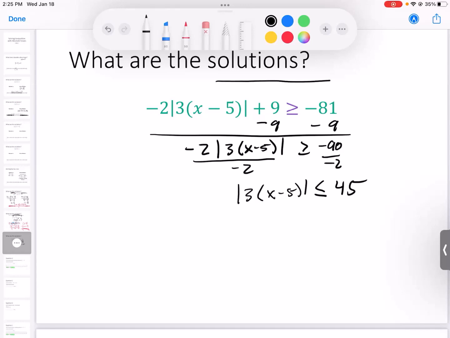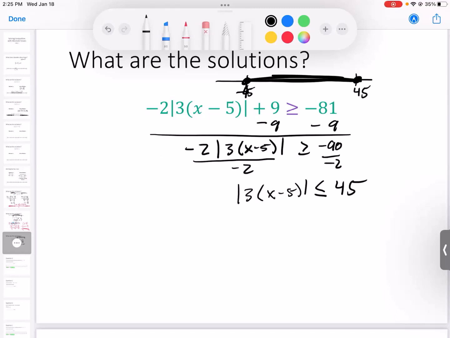So this one would be an in-between one, so it could equal 45, so we'll have a solid dot at 45, because if this stuff equaled 45, that would make it true. Same thing with negative 45. And then any number in between there would also make it true, because 0 is less than or equal to 45, 43 is less than or equal to 45, negative 43, if you do the absolute value, will be less than or equal to 45.